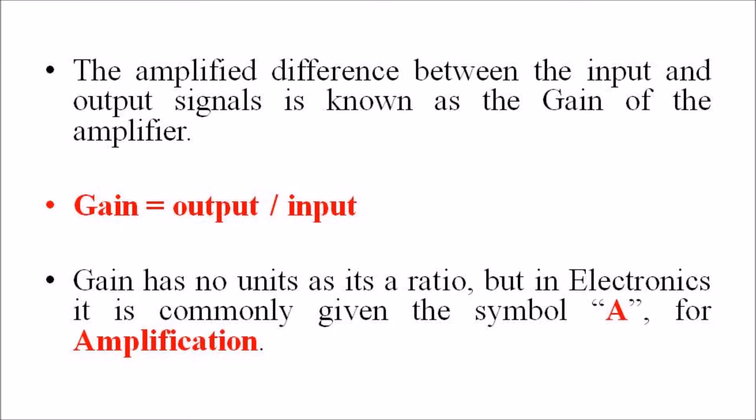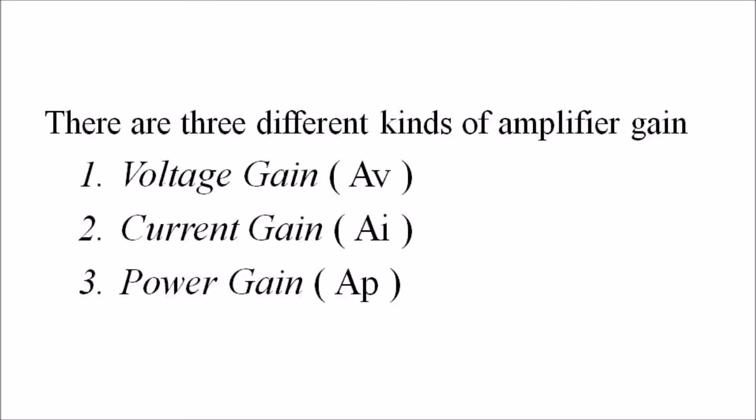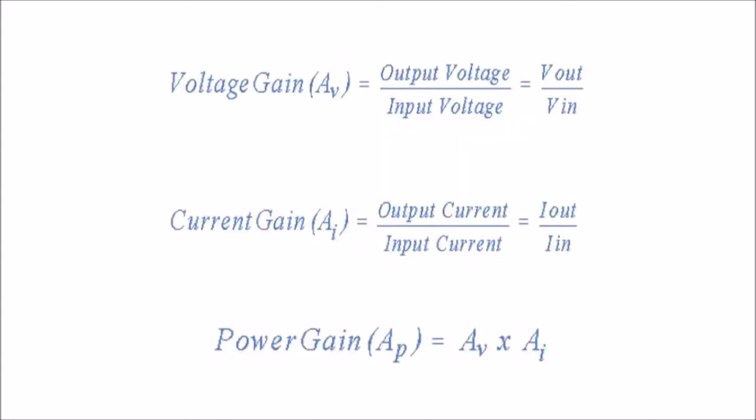So when it comes to amplifier gain, the different kinds of amplifier gains are voltage gain, current gain, and power gain. So the voltage gain is represented as output voltage divided by input voltage, that is Vout by Vin, and it is represented as A suffix V.